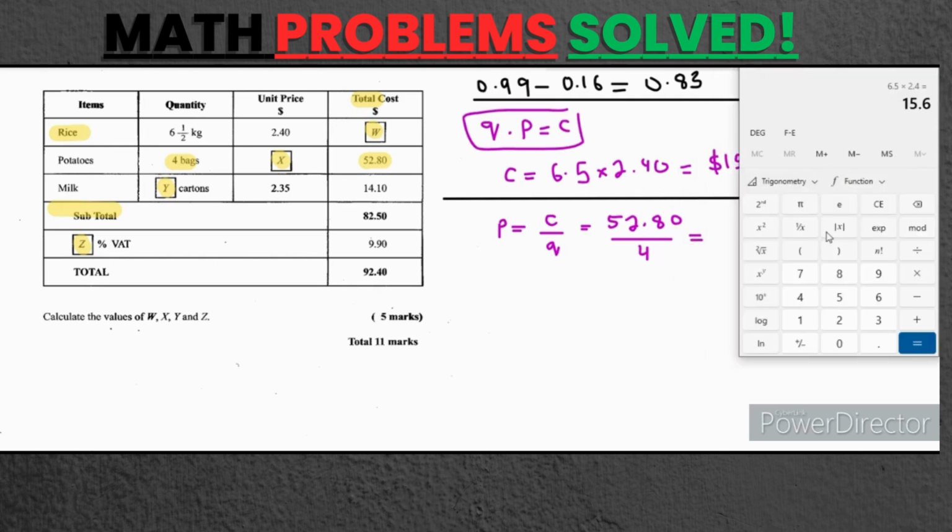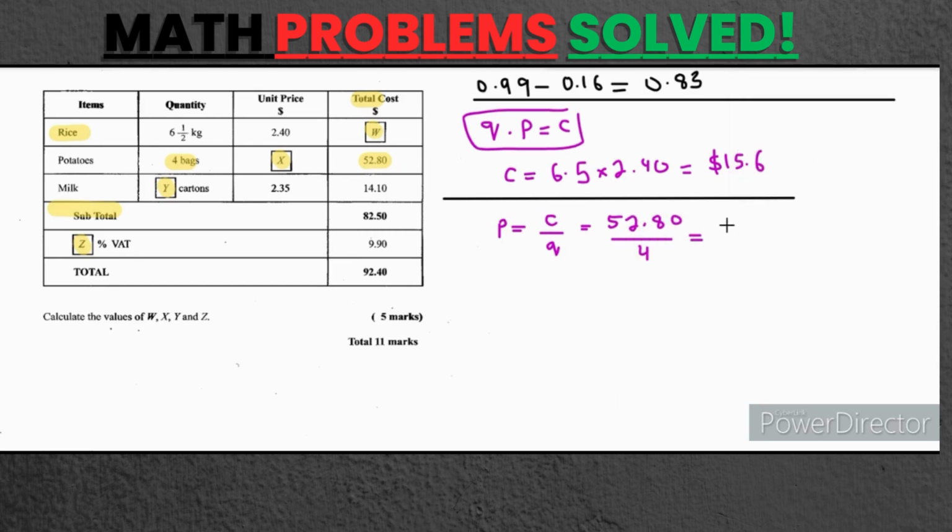If you again take the calculator and put 52.80 divided by 4, you will get 13.2, right? 13.2, because it's also the price, so it will be in dollars. So here X is 13.2.